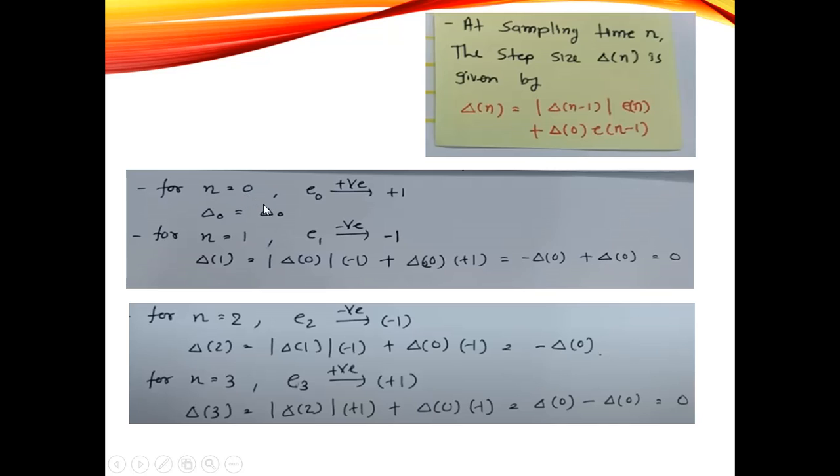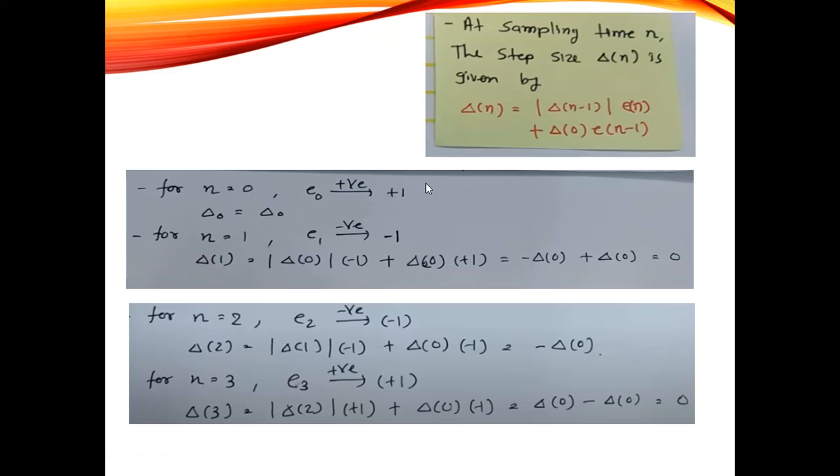If the input signal is greater than the sample, what is the error? The error is positive, which means the step size is positive, that is plus delta.